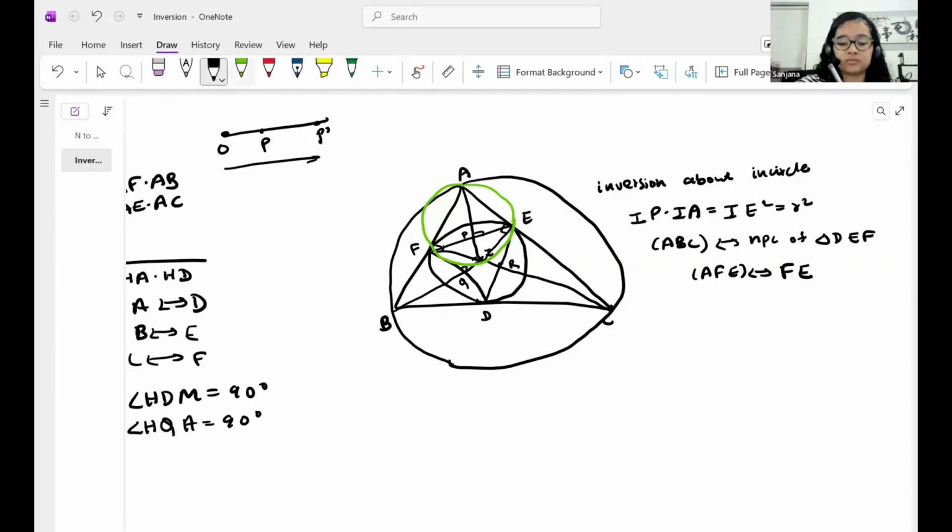So let this second intersection be S. Okay, so do we know the inverse of S? The foot of the altitude of D onto EF. Yes, perfect.